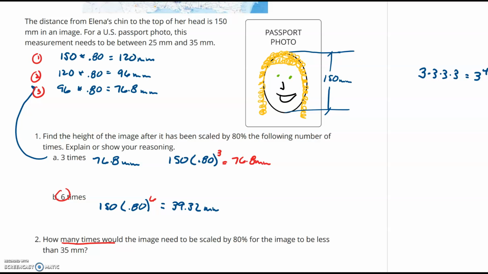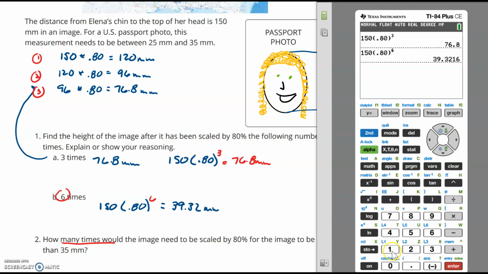Well, I see that 6 times gives me 39.32, so I'm guessing probably 7, but I can check that very quickly by pulling up my calculator, do the 150 times the 0.80, and I'm going to multiply it by the 0.80 7 times, and notice that brings me below the 35 millimeters.